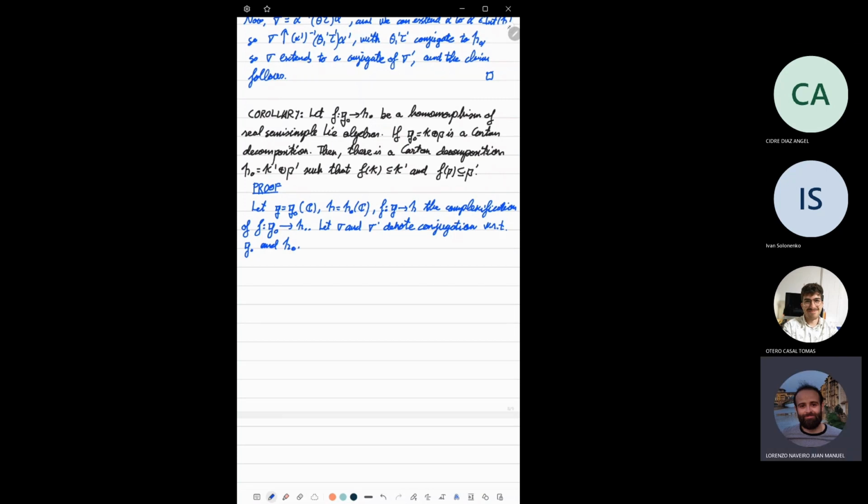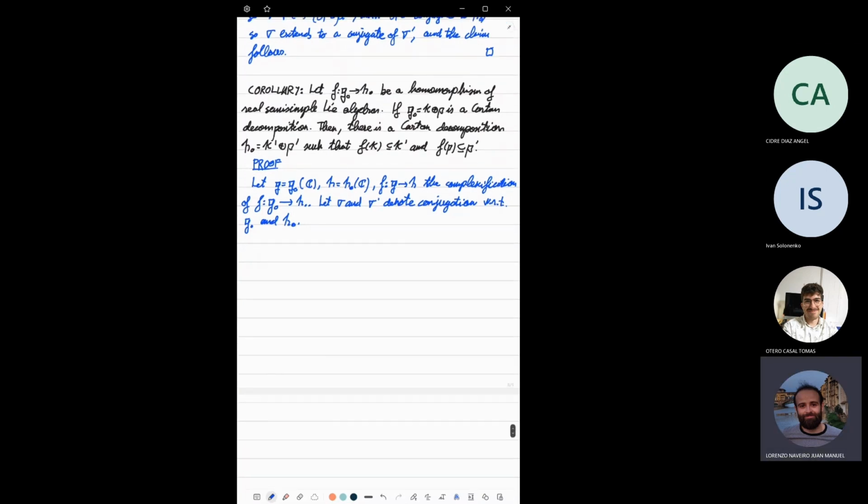So recall that Cartan decompositions came from Cartan involutions. So for example, the decomposition of G0 comes from a certain involution theta that commutes with sigma.